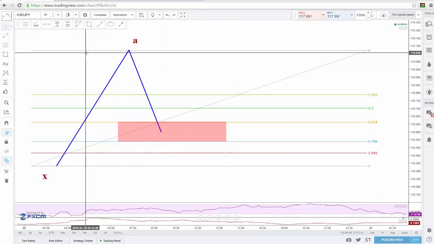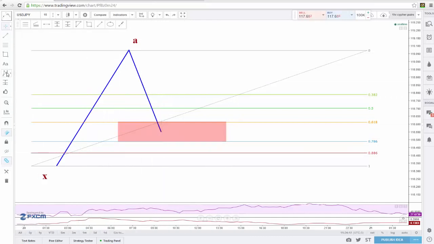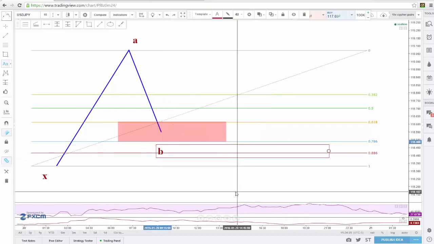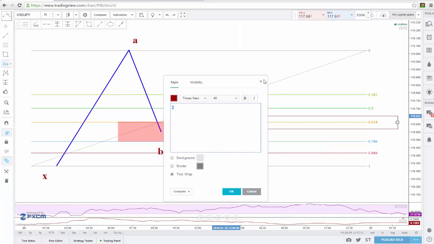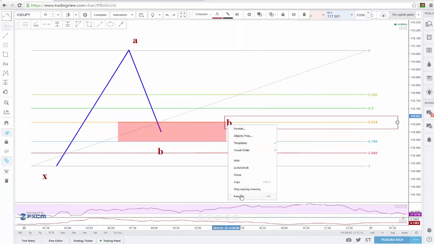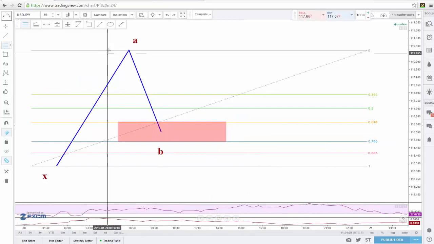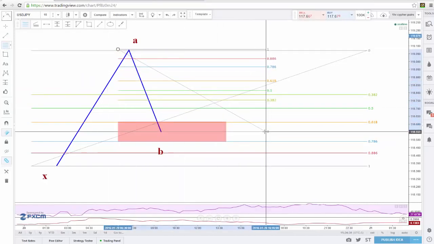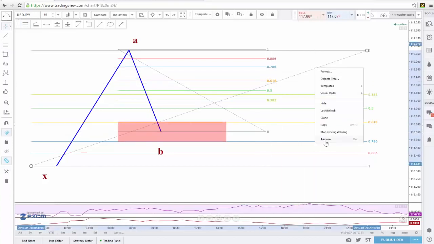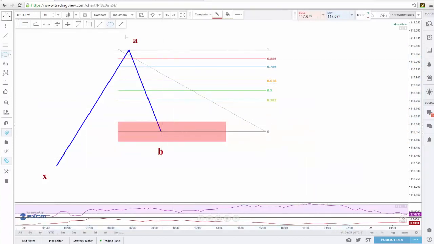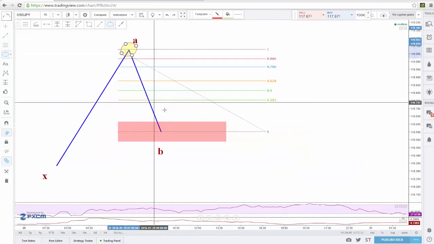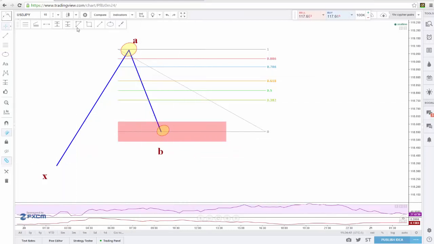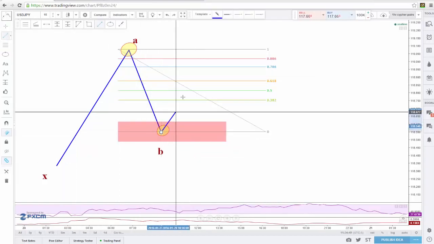The next thing we look for, after labeling this as our B leg of the move, is a retracement from A down to B of that same 618 retracement. Now when I pulled that, I just pulled it from this A leg here down to B. And with that, we look for a 618 retracement here.